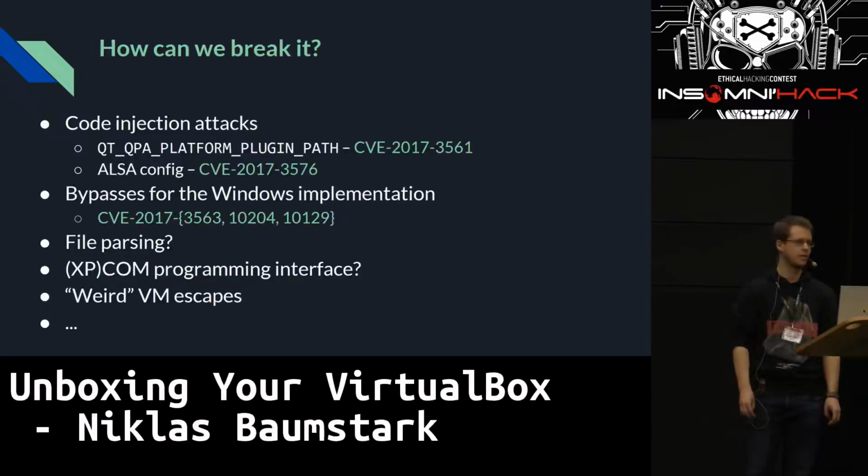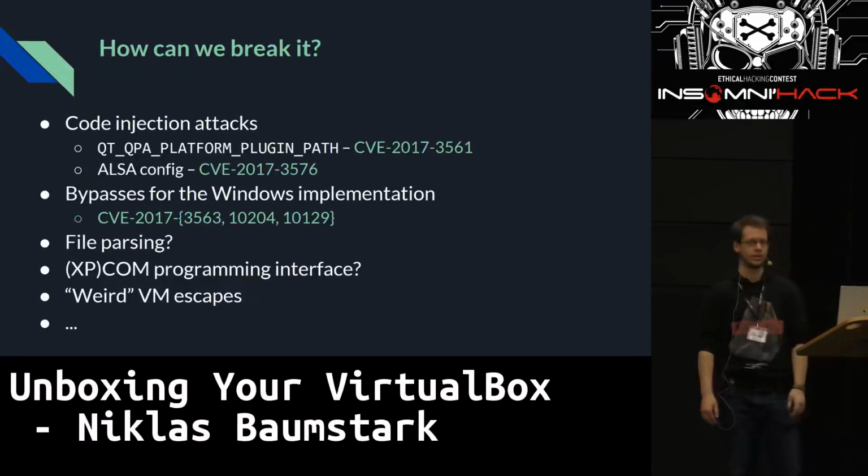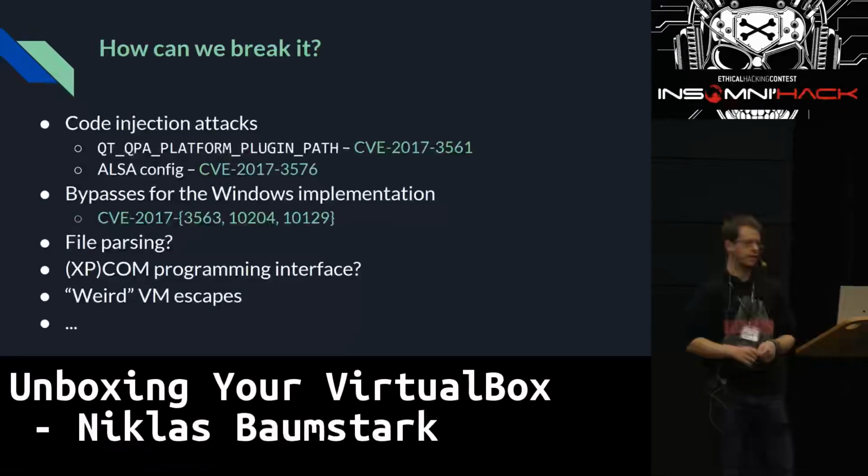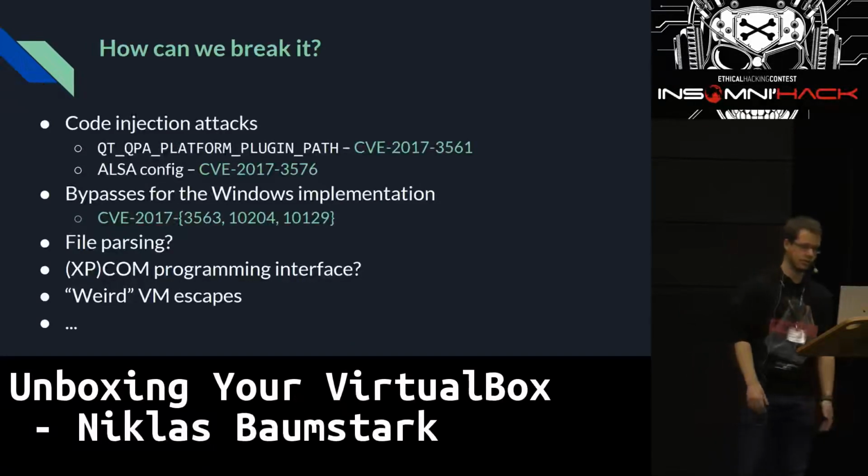One was based on an environment variable that Qt uses to load additional plugins. So if you set that, you can make it load shared libraries into the process. You can get the handle out. There is a similar issue with the Elsa config file. It can also be made to load additional shared libraries. And James Forshaw found several bypasses for the implementation on Windows, which is even more complicated. And all of these are described in the blog post as well.